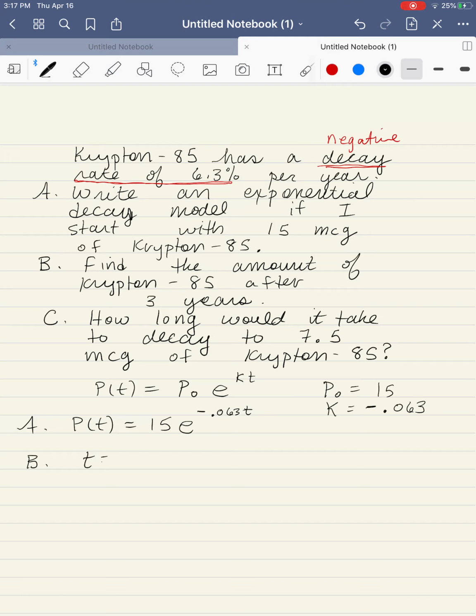Part B, I want to find the amount of krypton 85 after 3 years. So it's saying t equals 3. So what I'm doing is I'm finding P of 3. So I plug a 3 in for t, and I plugged it in on my calculator.